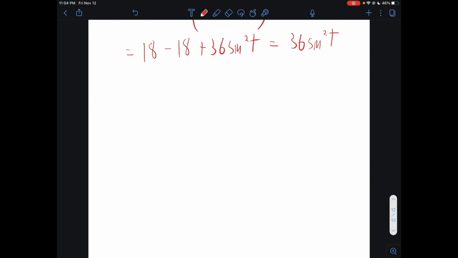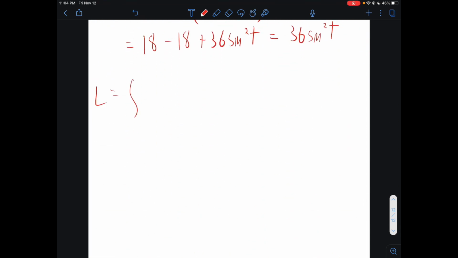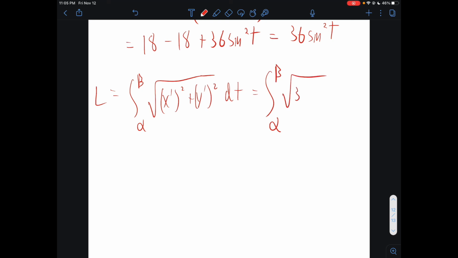All right. So we've simplified all of that. Which means then we can take our square root, which will be 6 sine t dt.